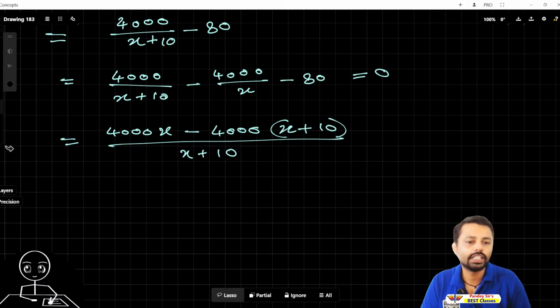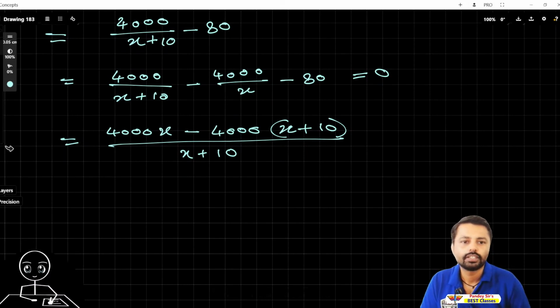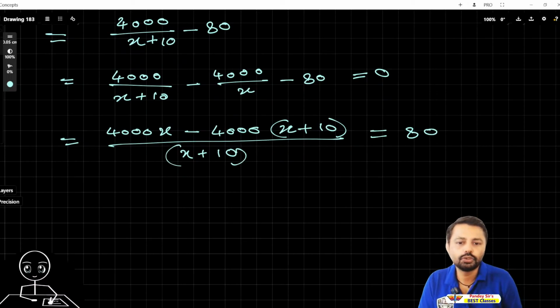So minus 80 I'll keep here only. This one as it is. Or for simplicity, I'll take it that side, so equal to plus 80. Okay. Now here these two brackets and this x will also multiply. Now we can go on ahead.